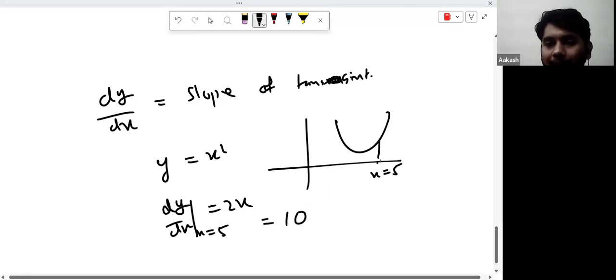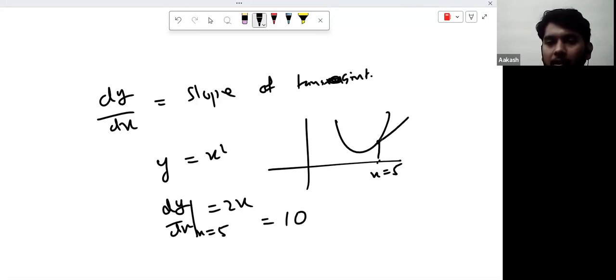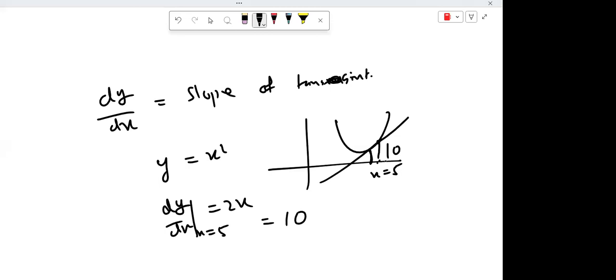That means at x equals 5, the tangent that is going like this has slope 10. Okay, all right, Shahid. Yes, sir.